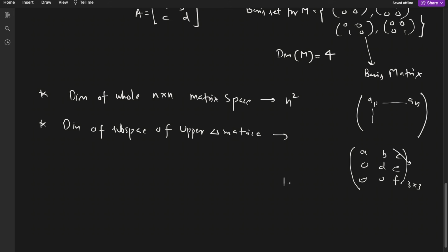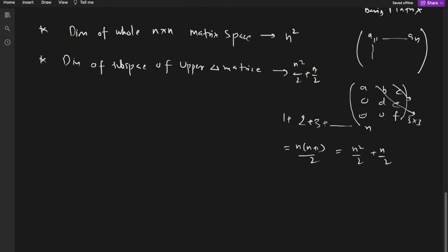Here we have one value, then in b, e we have two values, then a, d, f three values, and so on. If it is an n cross n matrix, it will go up to n, and we know that the sum of the first n natural numbers is n times n plus 1 by 2. So the dimension of the subspace of upper triangular matrices, we can expand it to become n square by 2 plus n by 2. So we need this many.